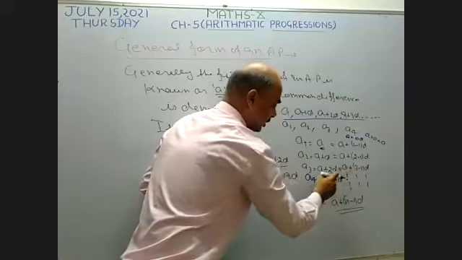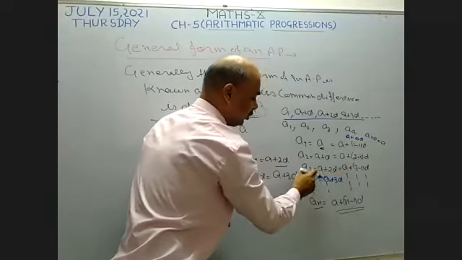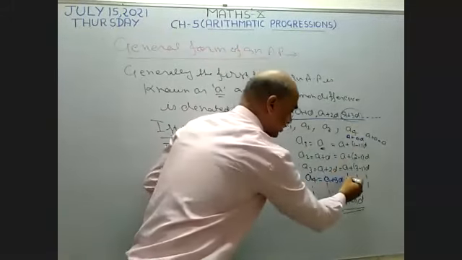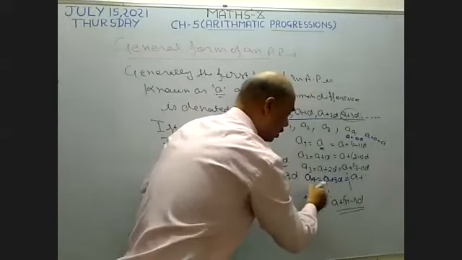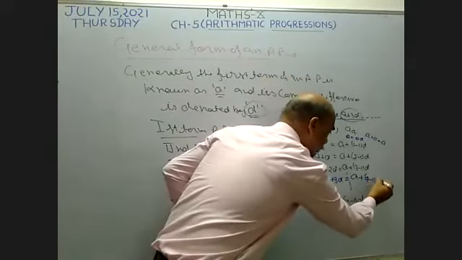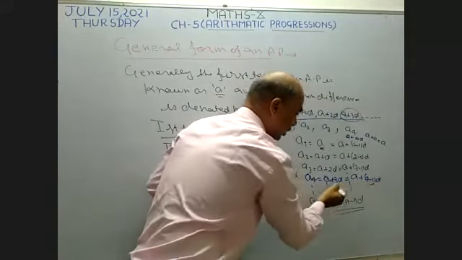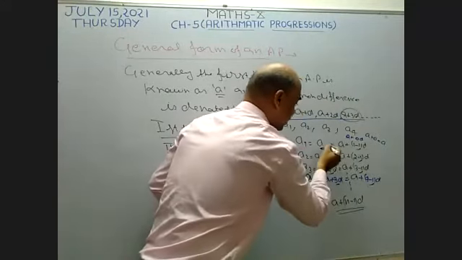A plus 3 minus 1 into D can be written as A plus 2D, and this is equal to A3. In the same way, A4 is given A plus 3D and this can be written as A plus 4 minus 1 into D. If 4 is written, I write here 4 minus 1. 4 minus 1 is 3. 3 minus 1, 2. 2 minus 1, 1. 1 minus 1, 0.